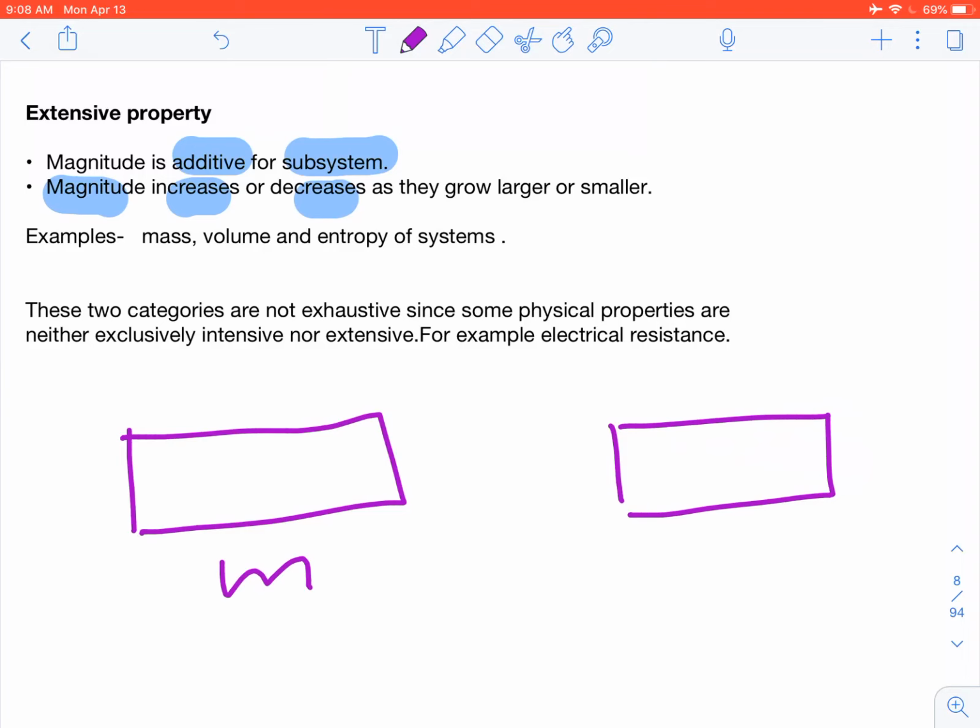But let's assume this was a copper rod with a certain mass, and then I took half the mass of the copper rod. The mass is an extensive property that changes, but its density does not change, because density is an intensive property.